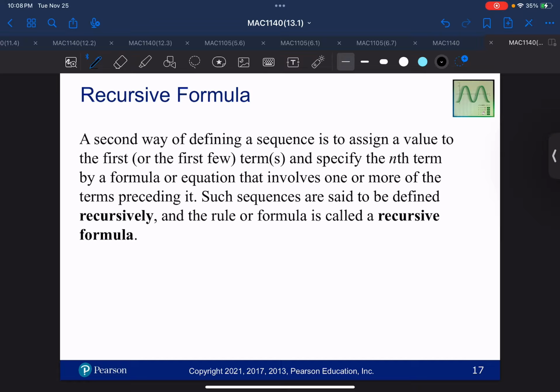So before, we had these formulas that maybe just had n in it. So a sub n is equal to this. But now we're going to have formulas where maybe the previous term, n-1, is in the formula.